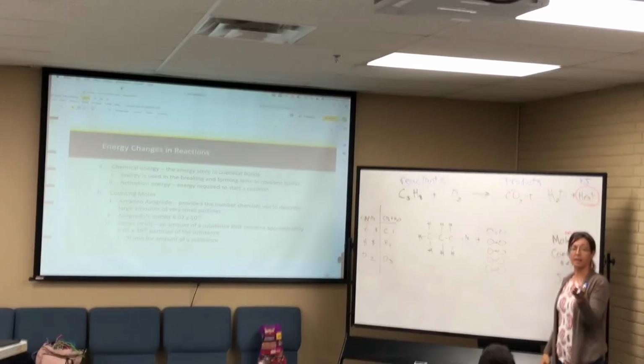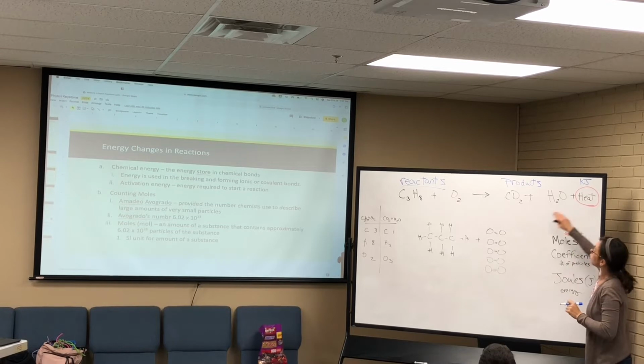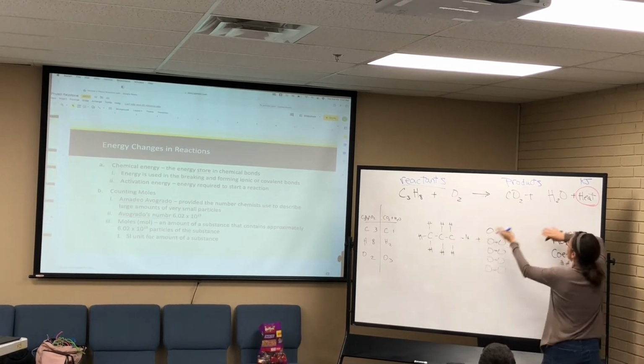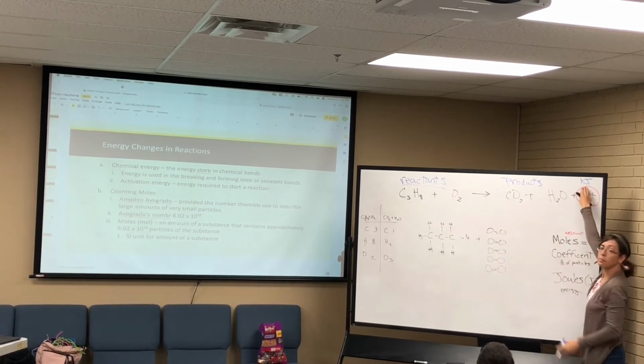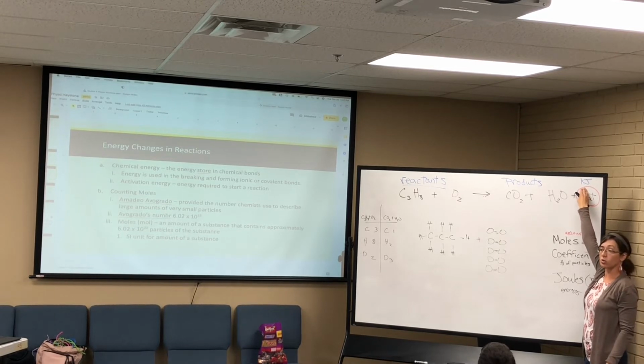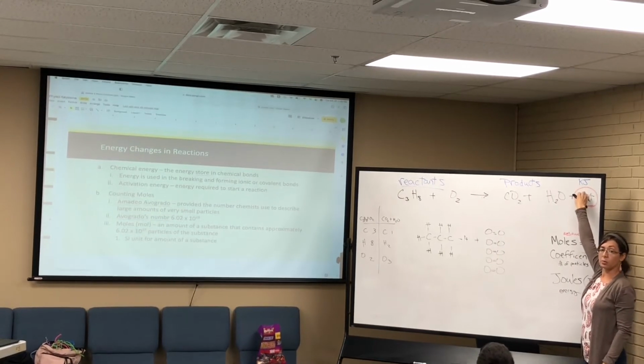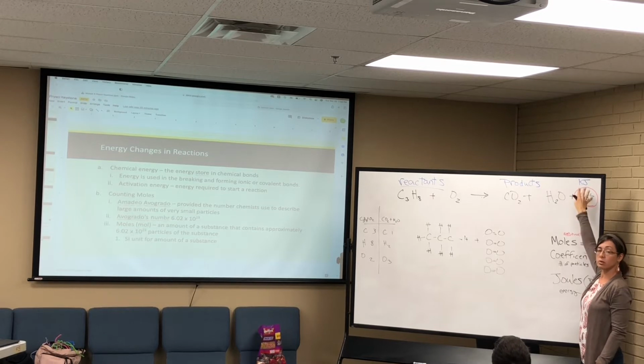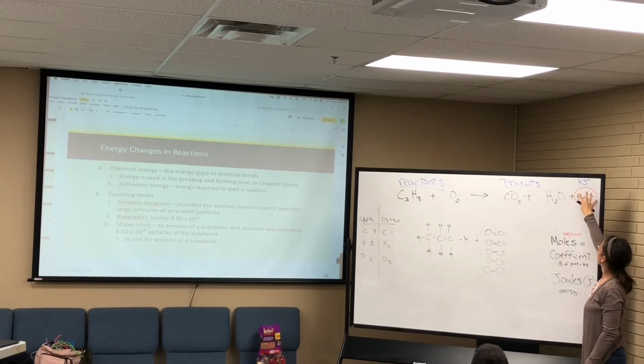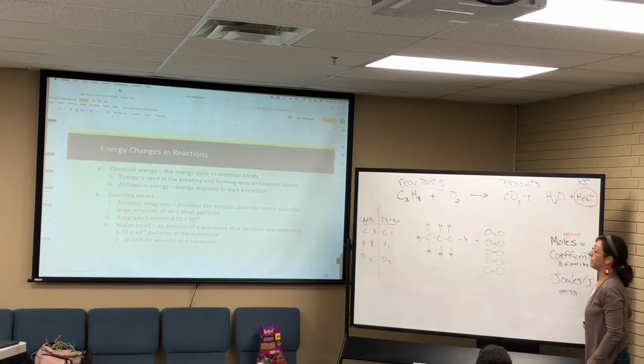I'm just going to write 10 kilojoules instead. So when you have a reaction and it has produced something that has kilojoules, we have some energy. We are seeing visual effects of the energy that is in there, okay?